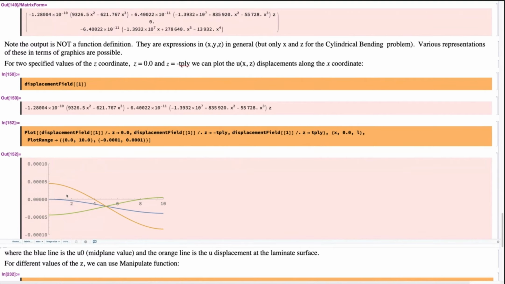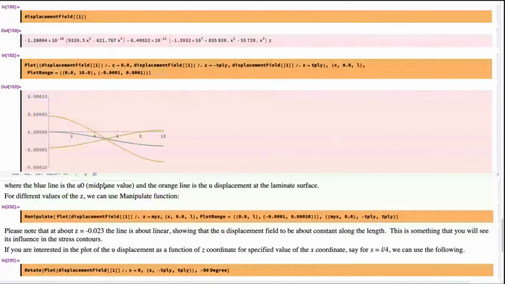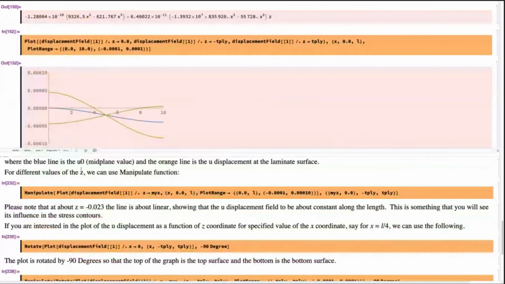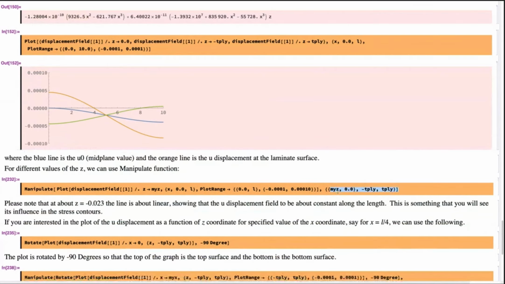The w displacement is not a function of z, so it doesn't change. So I can basically now put this into a manipulate and change my z location between minus t ply and t ply, and make the plot along the plate length from 0 to complete length, and plot this.